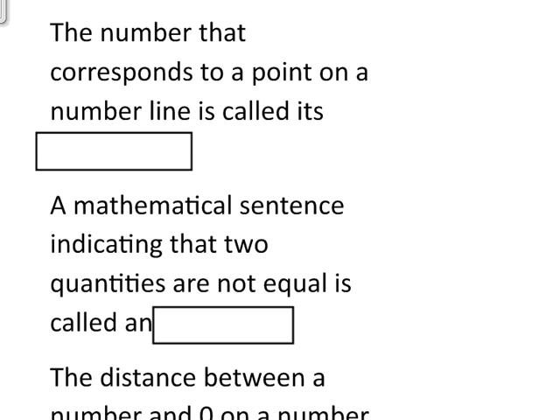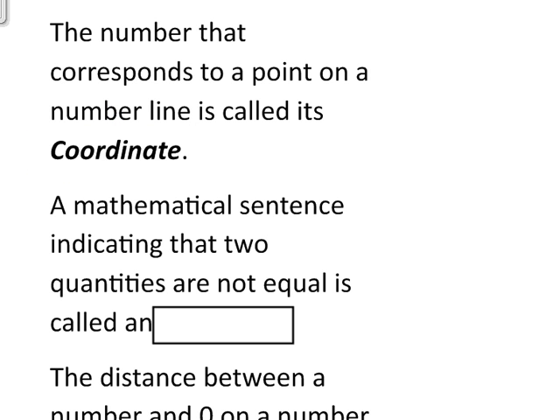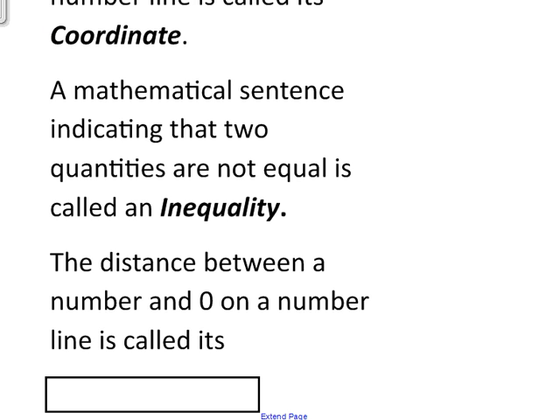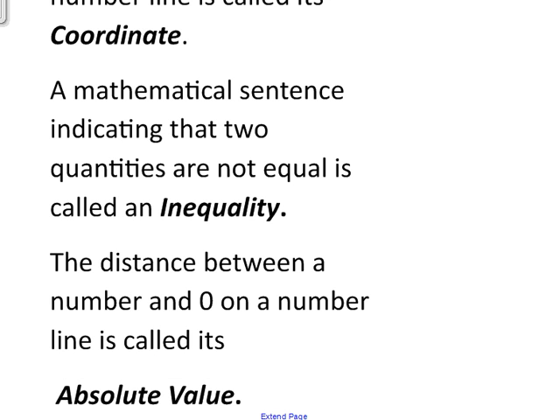The number that corresponds to a point on a number line is called its coordinate. A mathematical sentence indicating that two quantities are not equal is called an inequality. The distance between a number and 0 on the number line is called its absolute value.